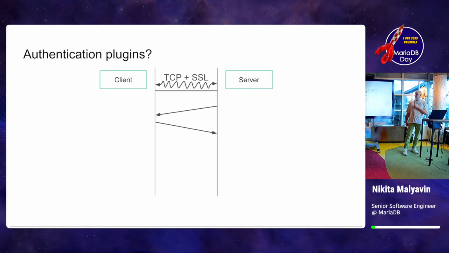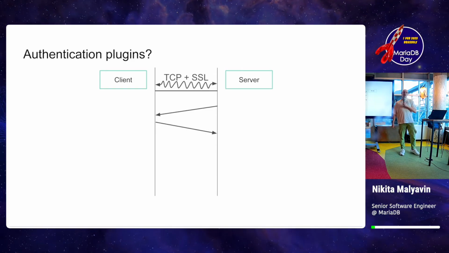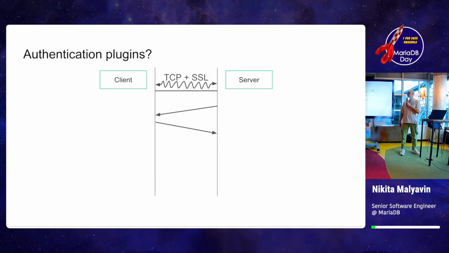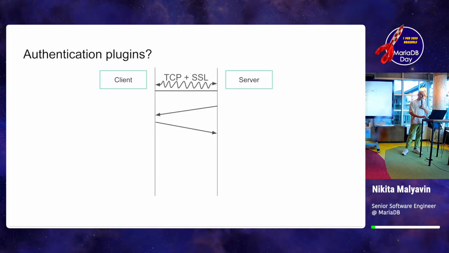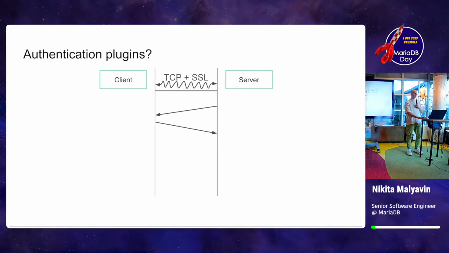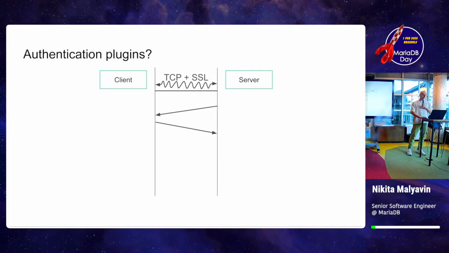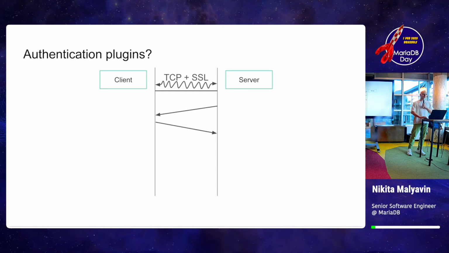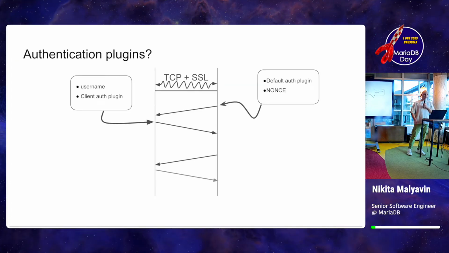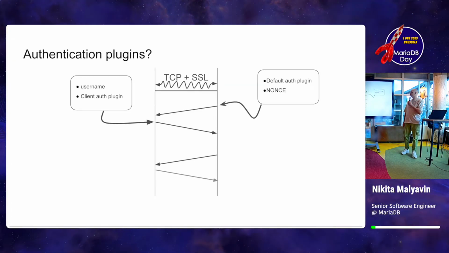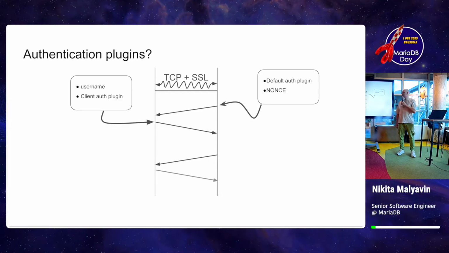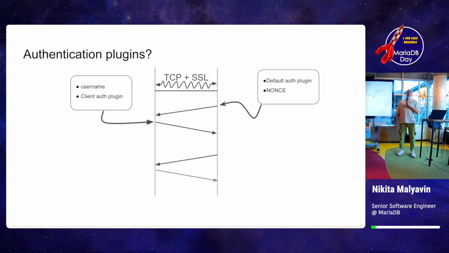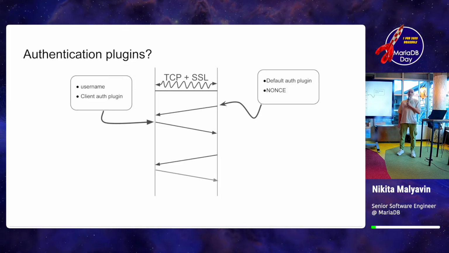on the protocol side. First of all, a setup: we have a client, we have a server, and let's consider that the TCP and SSL is already done for now. We will return to SSL later in this talk. First, the one who starts the dialog is the server, and it sends a 20-byte nonce, which is a random string.